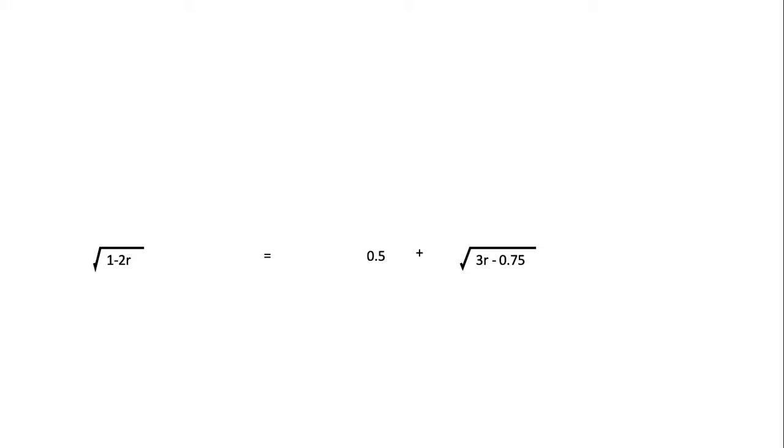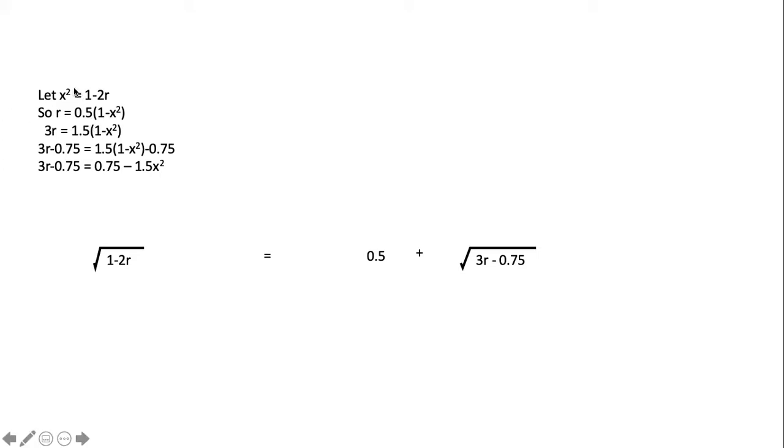Okay, well, I find that a little bit tricky to solve, and what I did to get around that was to have a little transformation where I said that x squared was going to be 1 minus 2r. So that thing in the square root, I called it x squared, where x is some other quantity that's related to 1 minus 2r.